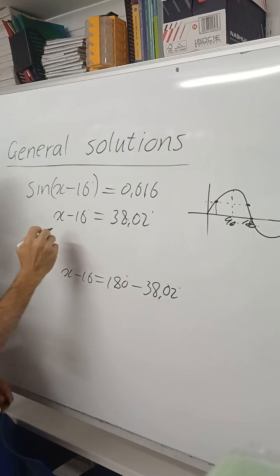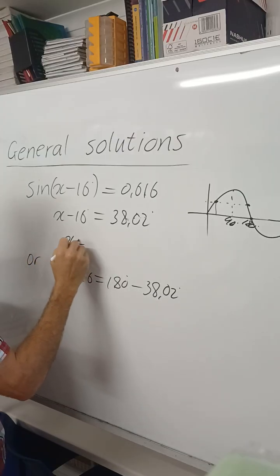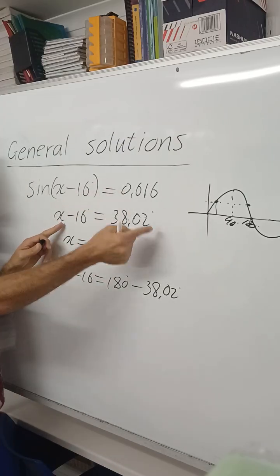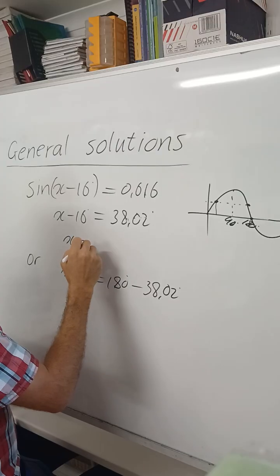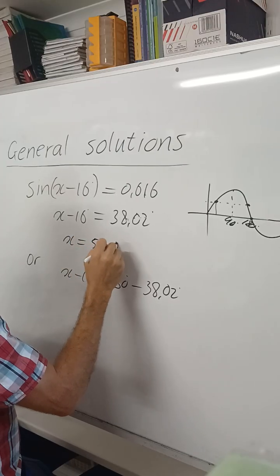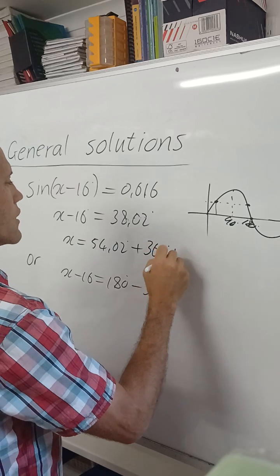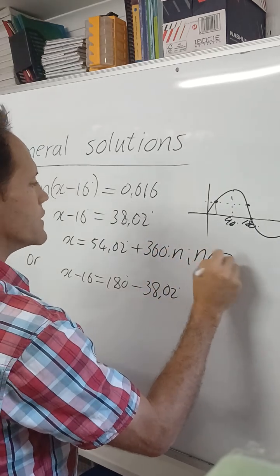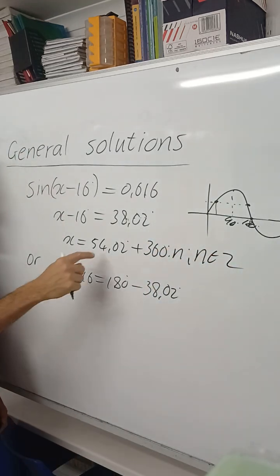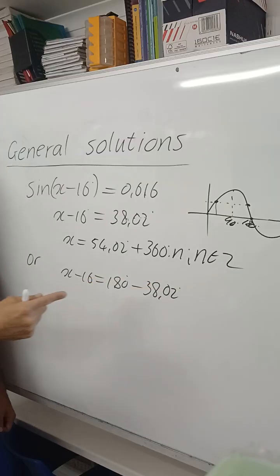So then when I take the negative 16 over, I get x is equal to 38,02 plus 16. So what's that? 54,02. And then we put in the plus 360 times n, n element of Z, because after 360 it repeats.